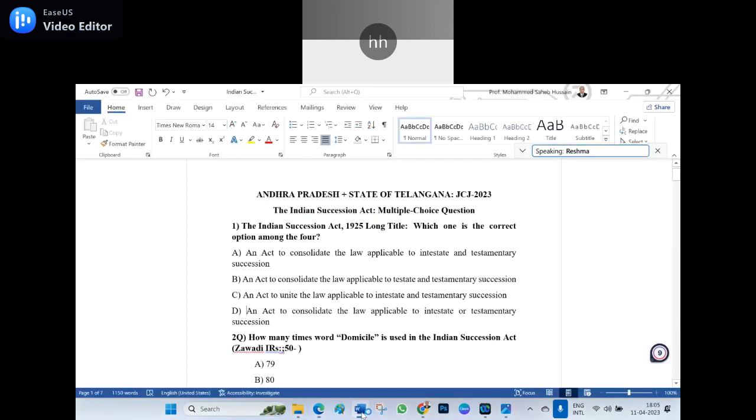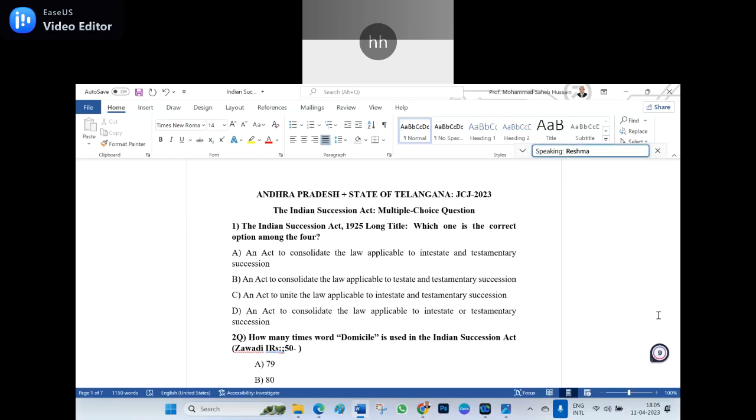C. An act to unite the law applicable to intestate and testamentary succession. D. An act to consolidate the law applicable to intestate or testamentary succession.